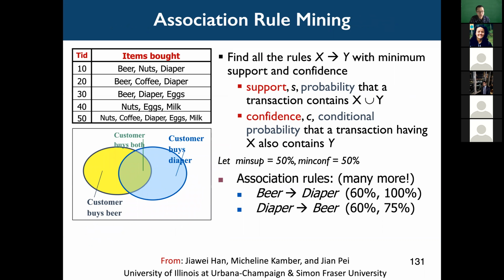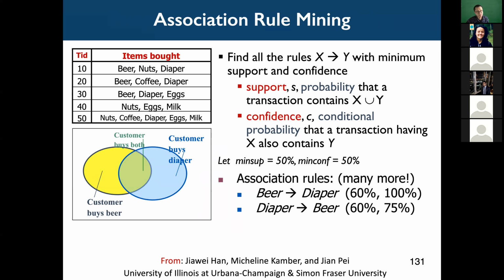Another technique related to frequent pattern mining is association rule mining. Association rule mining is not to identify frequent patterns, but, given one item, to measure the possibility that another item appears.